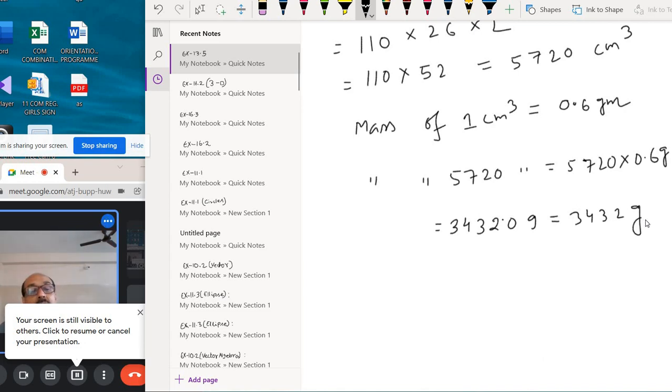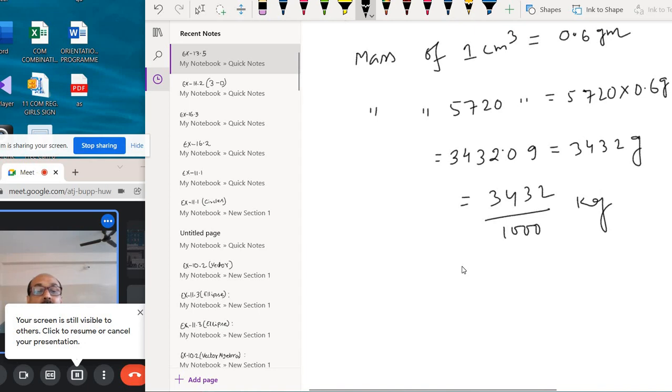Now convert into kilogram: 3432 by 1000 kg. So it is 3.432 kg. This is the answer.